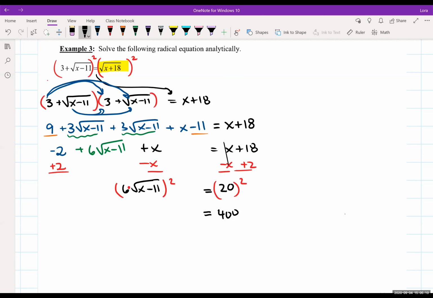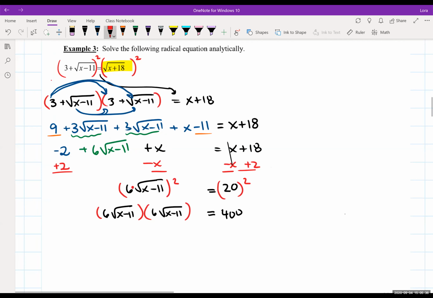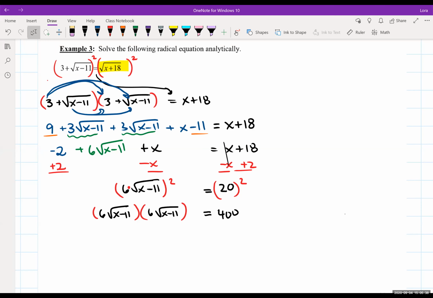Now, consider this a little bit more in depth. If you are dealing with the radical side, what's really happening is you have 6 times square root of x minus 11 times another 6 times square root of x minus 11. And this is a case where you have a factor being squared.